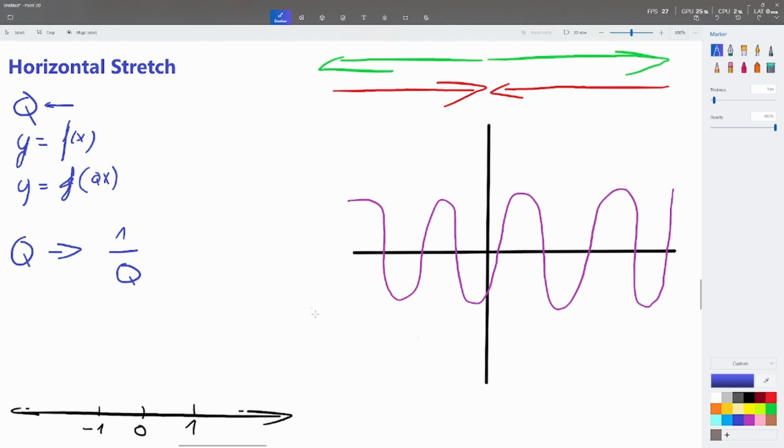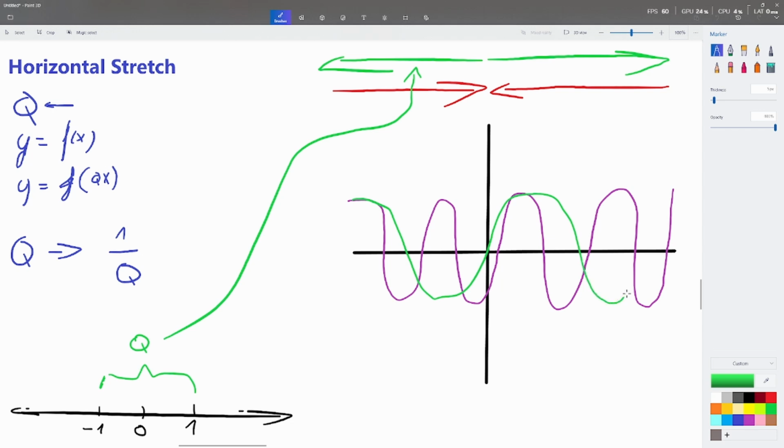I will draw this in green so you can understand with the graphs. If your q is between -1 and 1, your function will be more spread out, you will have something like this, essentially longer waves.